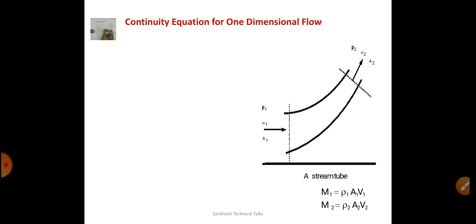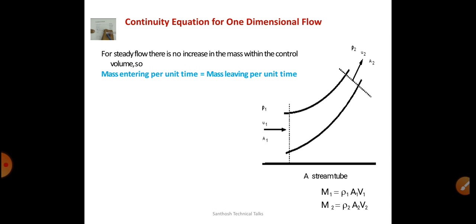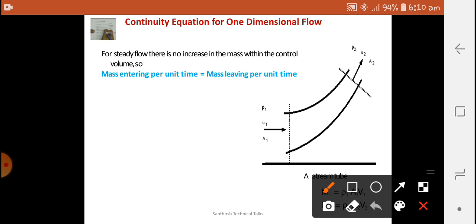Here, what it indicates is that for steady flow there is no increase in the mass within the control volume. That is why the mass entering per unit time is equal to the mass leaving per unit time. So mass remains constant.